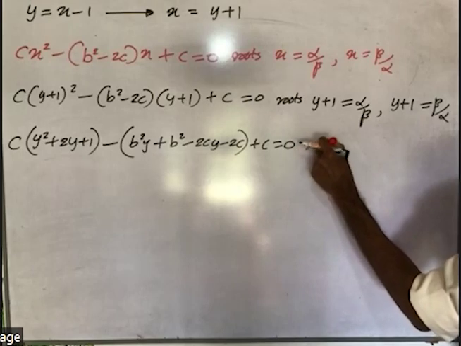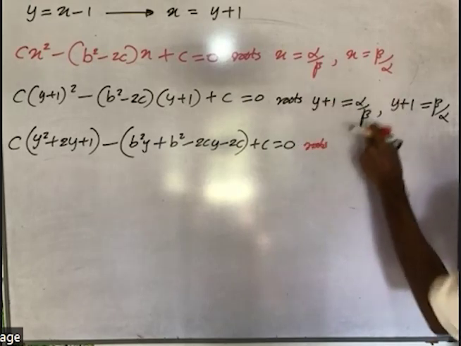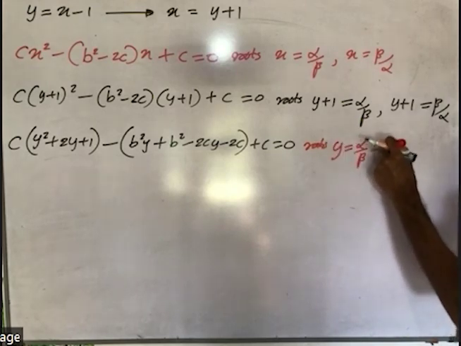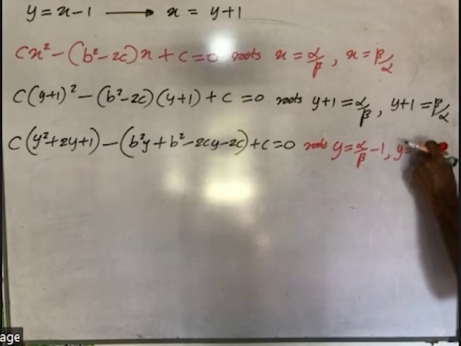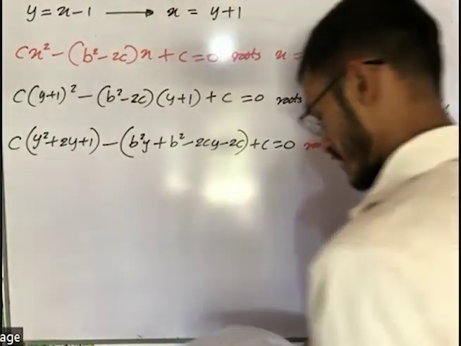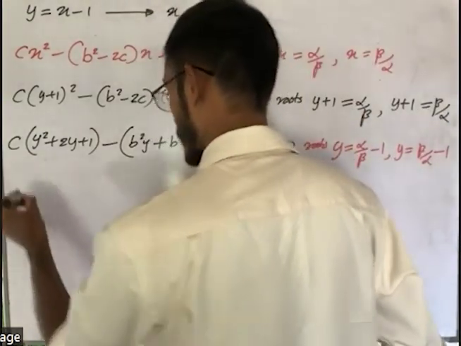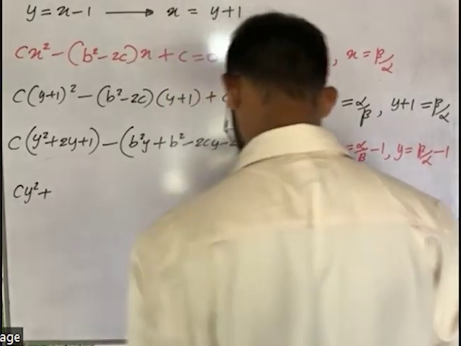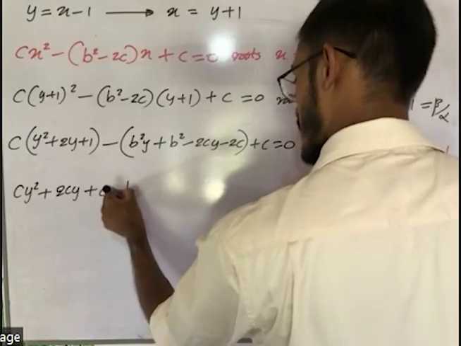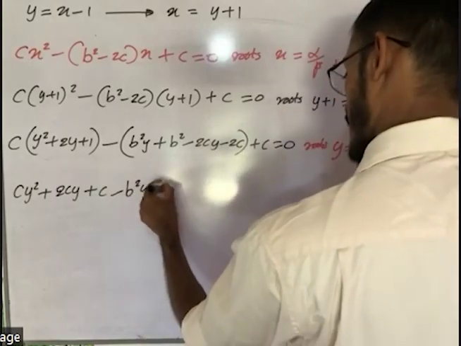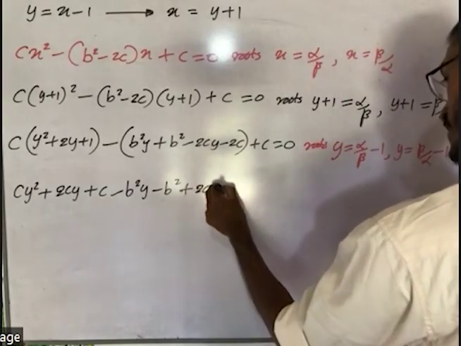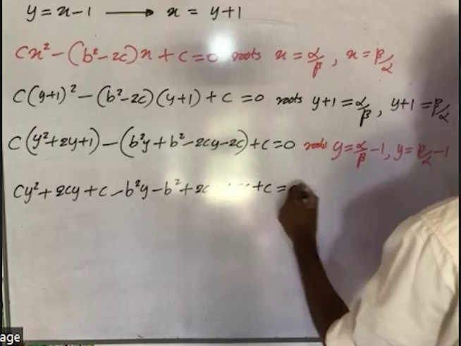Take the plus 1 to the other side, then y equal to alpha over beta minus 1. Here y equal to beta over alpha minus 1. Right. Now simplify the brackets. Then you will get cy square plus 2cy plus c minus b square y minus b square plus 2cy plus 2c plus c equal to 0.